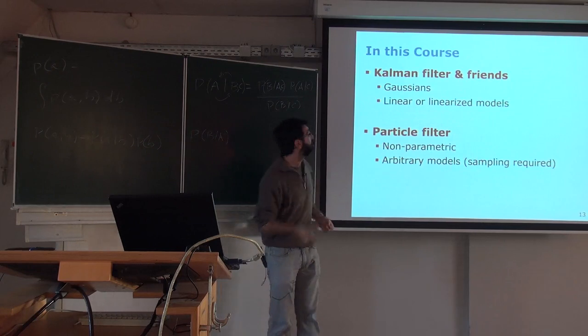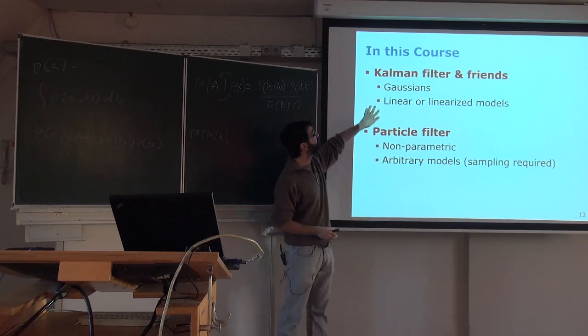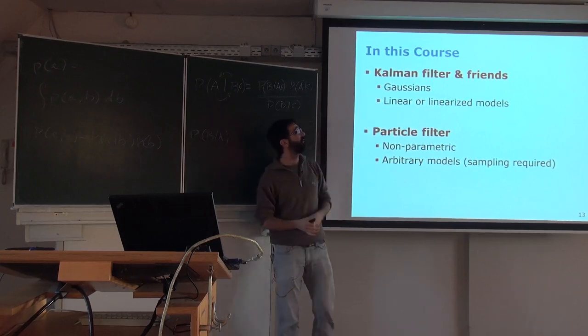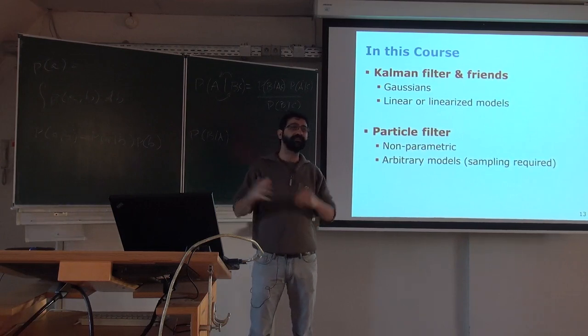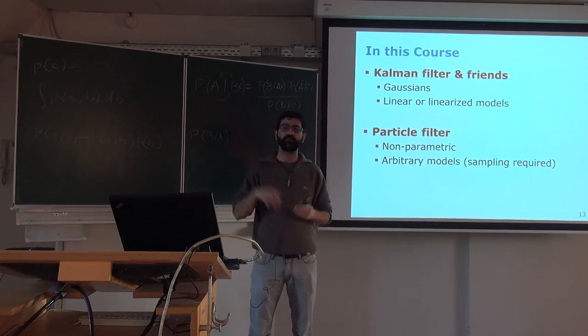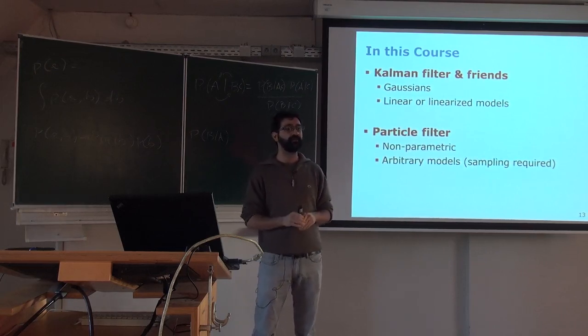What we will do here is see two big families of filters. One is the Kalman filter and its friends, because there are a lot of different extensions of the basic Kalman filter to handle different types of problems, like nonlinear functions, different types of noise, and so on.